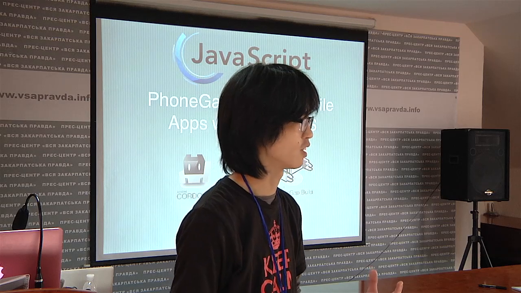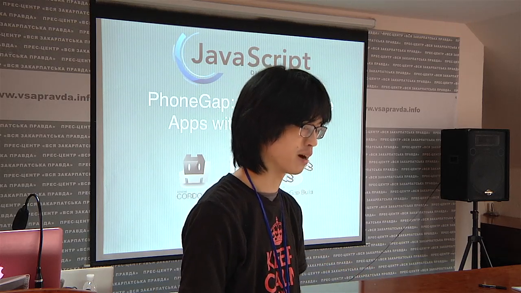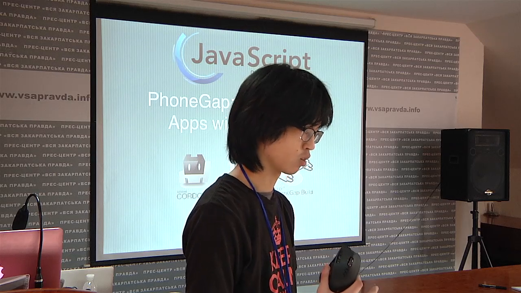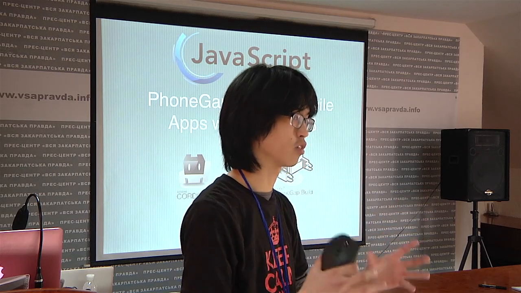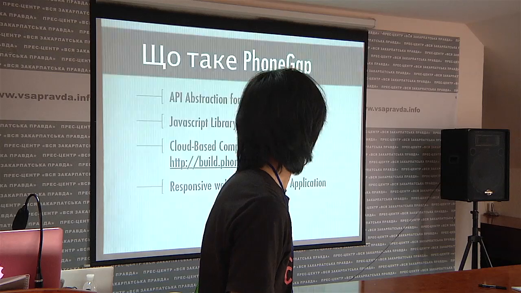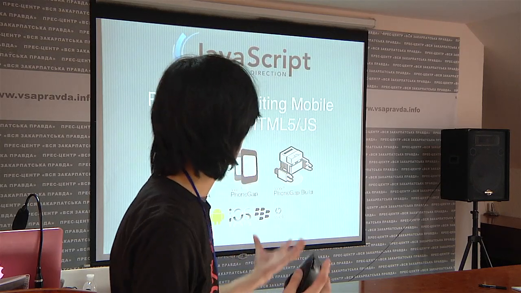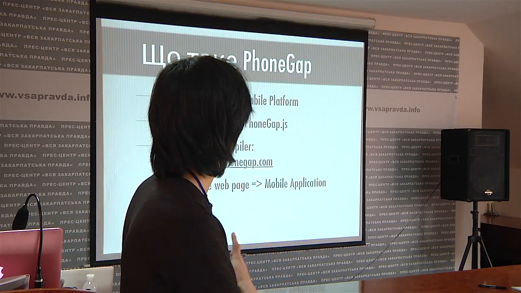If you have an iPhone or Android phone or BlackBerry or Windows or Palm, if anyone has Palm, you can create a mobile application using HTML, JavaScript, and you compile it to create native apps. So that is what we'll be learning in this presentation.